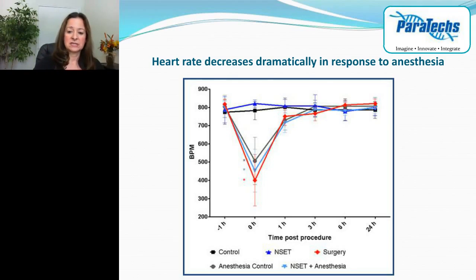And what you can see here is actually an anesthesia effect, in that the mice that either had surgery performed on them or were anesthesia controls or NSET with anesthesia controls all had a decrease in the number of heartbeats per minute by 38 to 50%, whereas the NSET procedure and the no procedure control did not alter the heartbeats per minute.